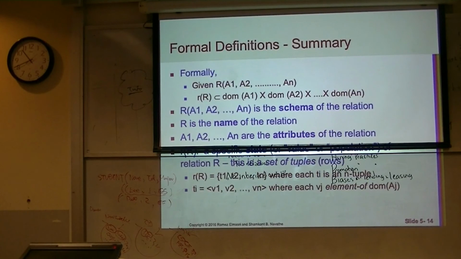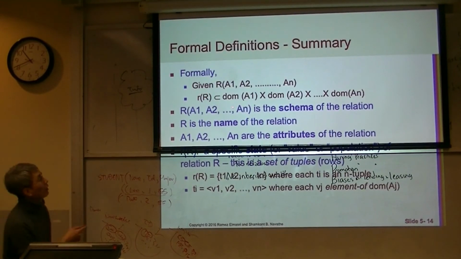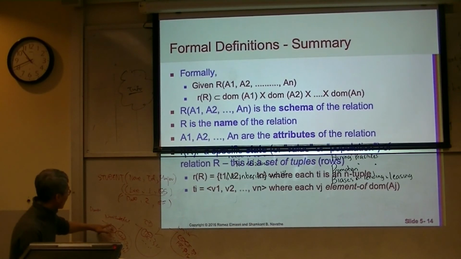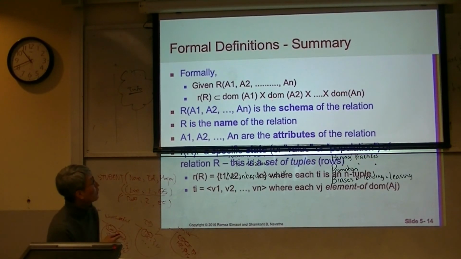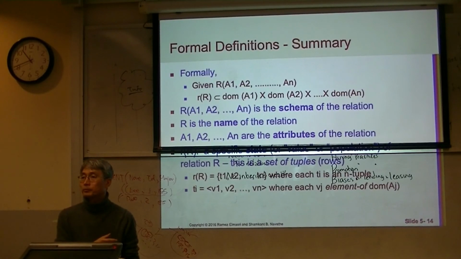So when you create the relation, R is the relation, small r is a tuple of a student, from one domain A1, name, and another domain A2, and so on. Then X means Cartesian product.